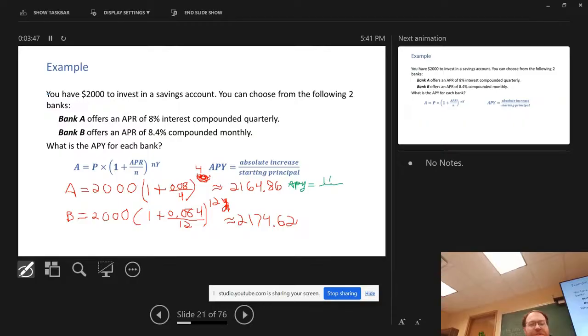So in this case, 164.86 over your starting principal of, is everyone good if I just say 2K for 2,000? And then for this one down here, 174.62 over 2K.